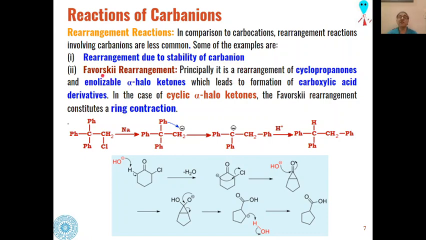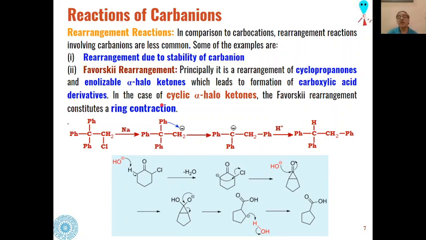The second example of involvement of carbanions as intermediate is in case of Favorskii rearrangement. So this rearrangement takes place in case of alpha haloketones, where the alpha haloketones are converted into carboxylic acid derivatives due to this Favorskii rearrangement when the reaction is taking place in presence of a base.